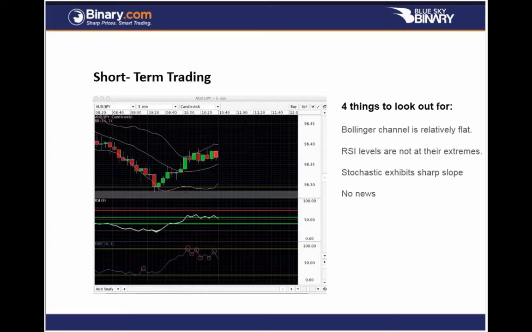Because if there are news and you're trading a mean reversion strategy, that is not a good sign, because during news the price may continue going in one direction, as a trend might be created by the news. So watch out that there are no news, and watch out for the other three things that we mentioned, and try it out in a demo account.